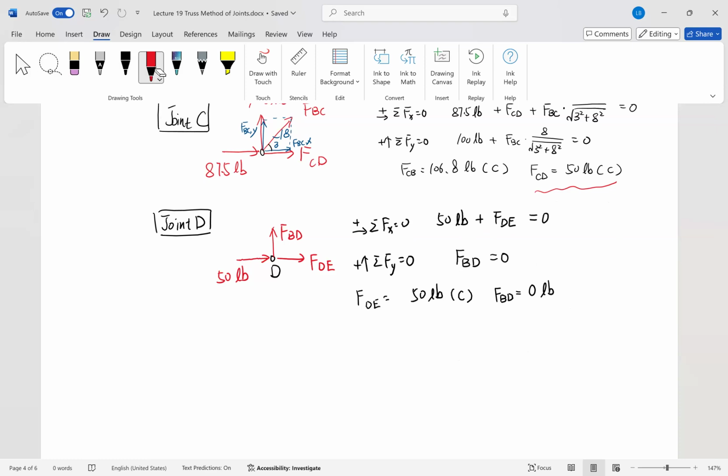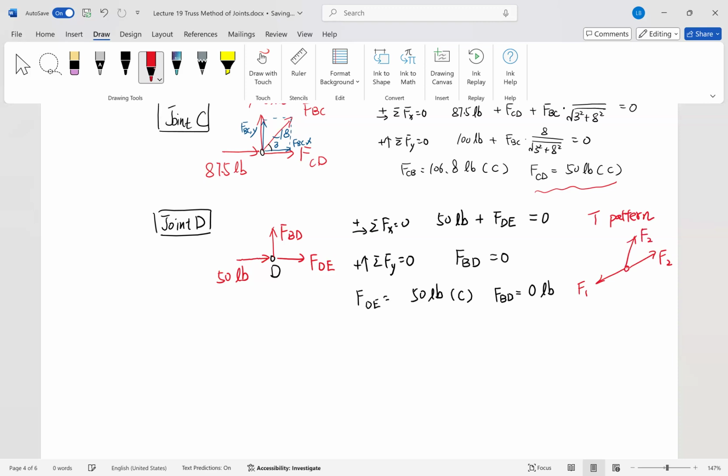So actually here we have the T pattern. The T pattern is that if you have a joint with three forces on it, F1, F2, and F3.